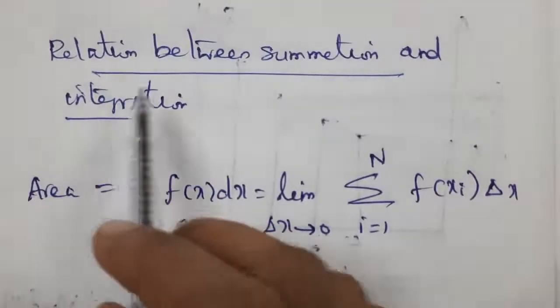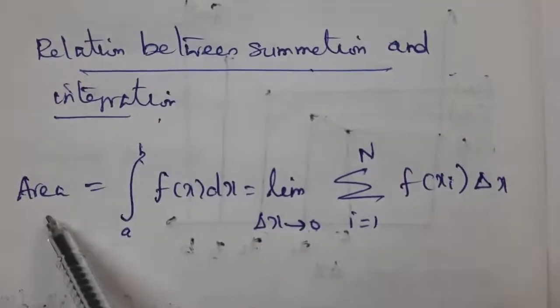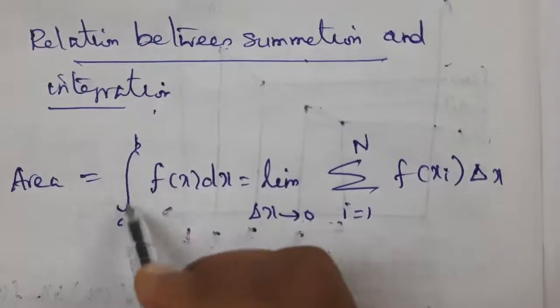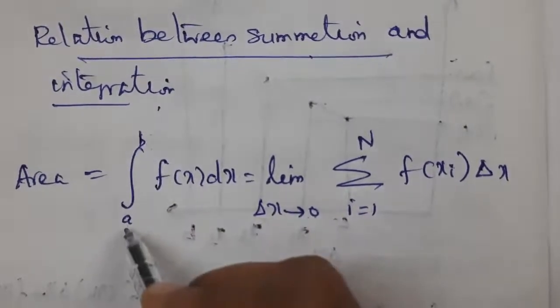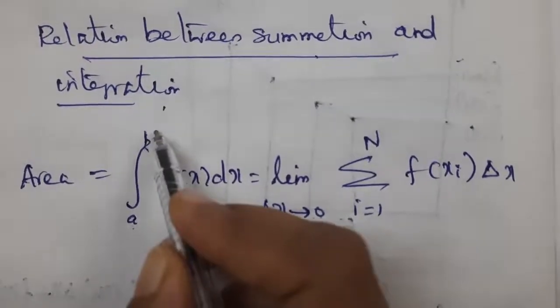Listen, the relation between summation and integration. So you have to read the integral like this: integral a to b. This is the lower limit, this is the upper limit, from where to where.